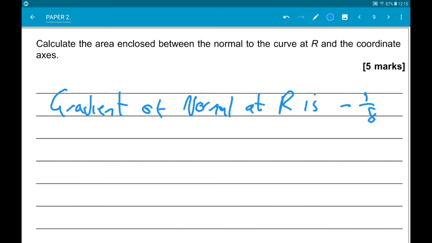So the normal has an equation of the form y is minus 1/8 x add c.